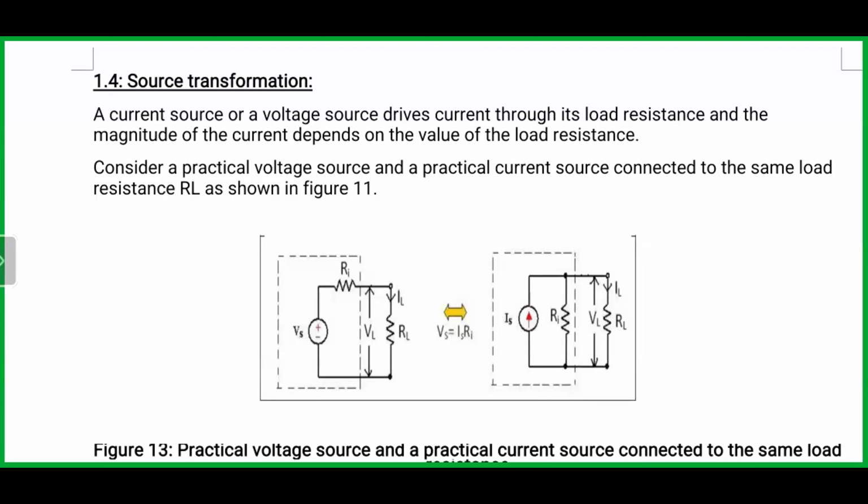A current source or voltage source drives current through its load. Through its load means from the connecting wire to the load, to its load resistance. And the magnitude of the current depends on the value of the load.